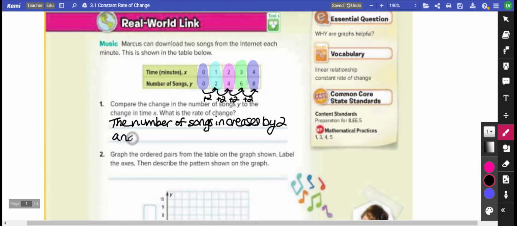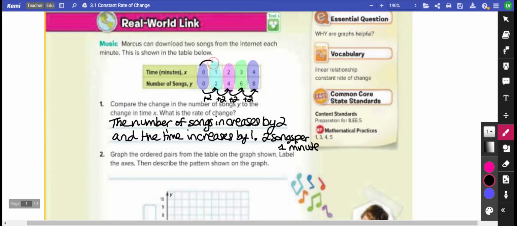And the time increases by 1. So this means that there are 2 songs per 1 minute. And again, using my table, going from 0 to 1, 1 to 2, 2 to 3, 3 to 4, I am adding 1.